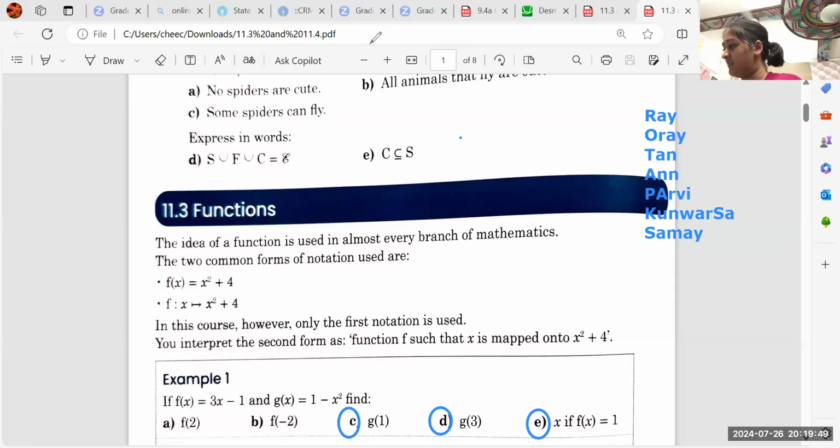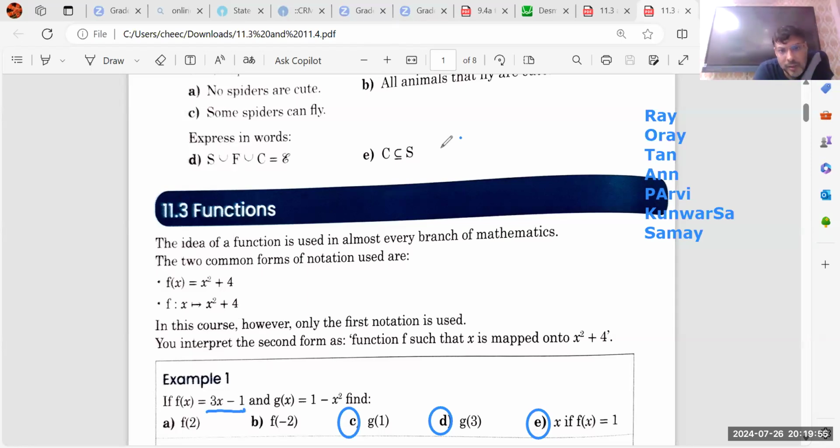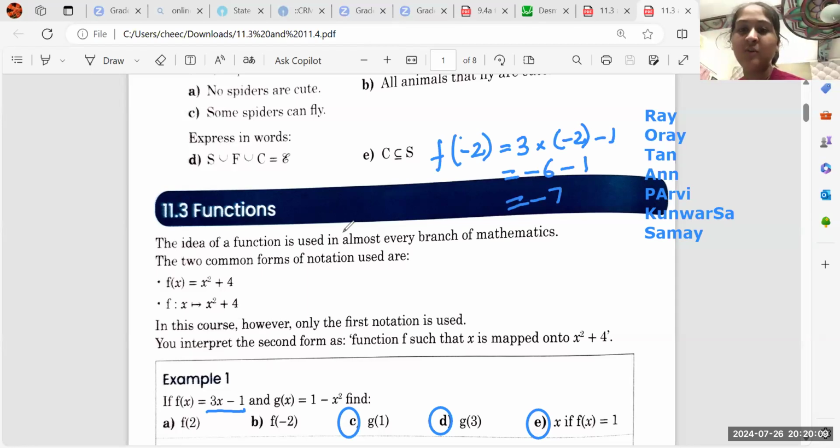Sir, 8. How, beta, how is it 8? So we just put minus 2 here. So f of minus 2 will be 3 times minus 2 minus 1. So that will be minus 6 minus 1 equals minus 7. Then we have to put it in the above formula, x square plus 4.